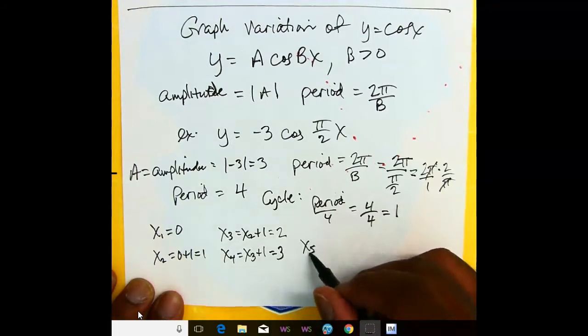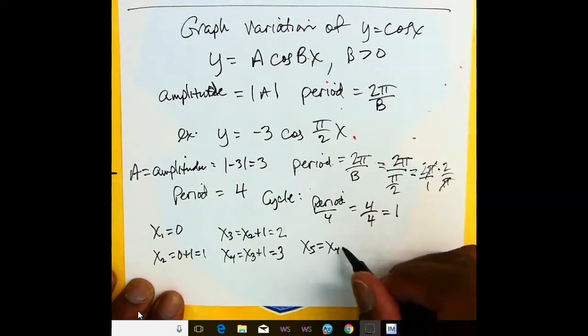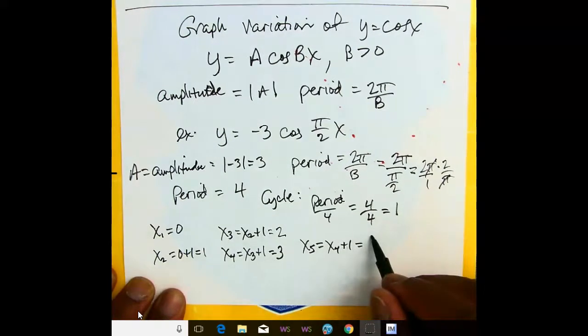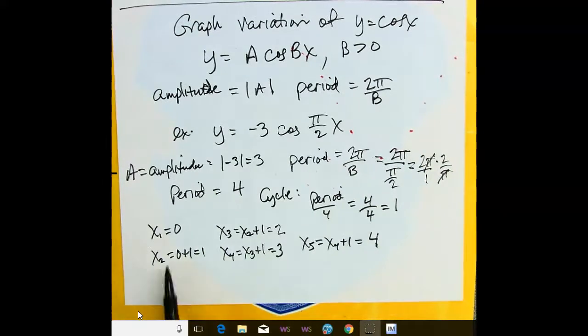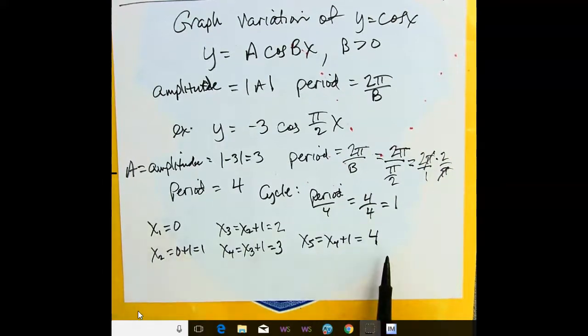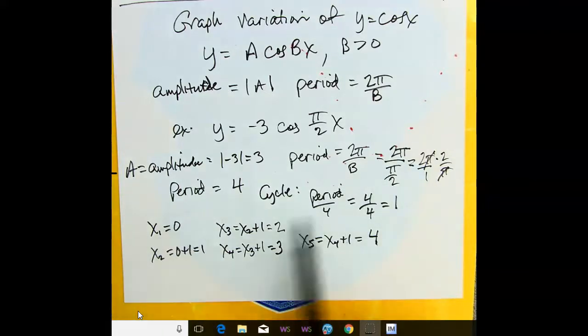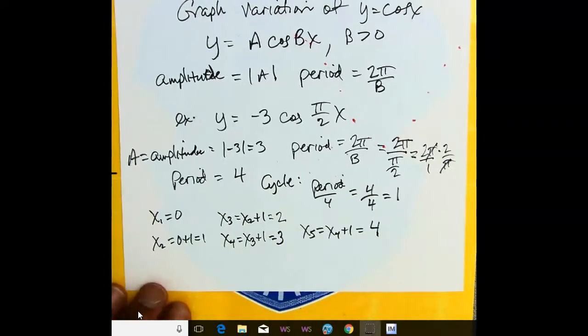And x sub 5, our last important key point, is x sub 4 plus 1, so 3 plus 1 is 4. We already said our period was 4. So we start at 0, we end at 4, a length of 4. Our quarter points are, you take your period, you divide it by 4. So we start at 0, then we add 1, 1, 1, 1. That gives us our key points here.